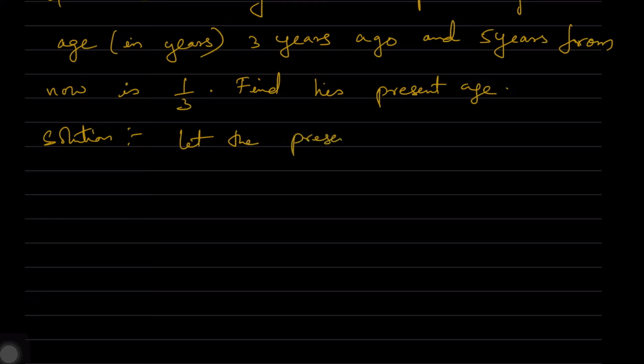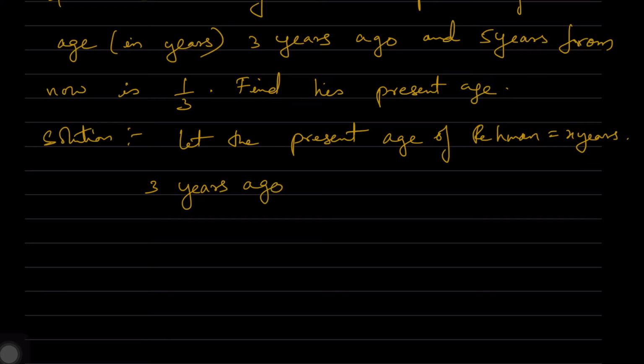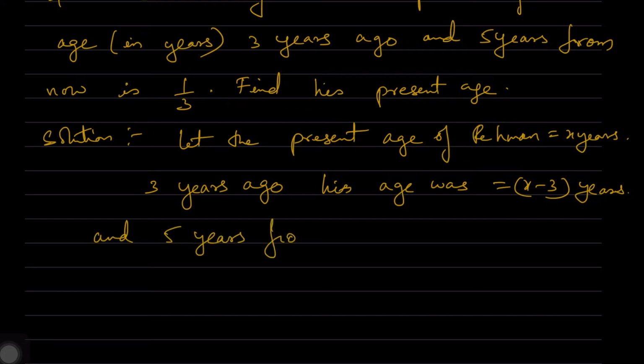Let the present age of Rahman be equal to x years. 3 years ago his age was x minus 3 years, and 5 years from now his age will be x plus 5 years.